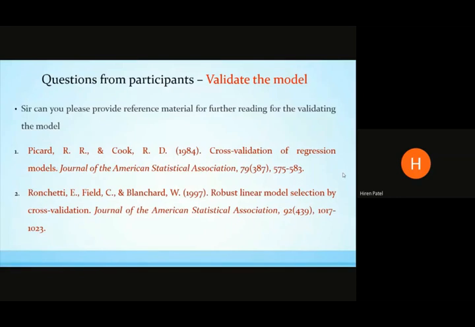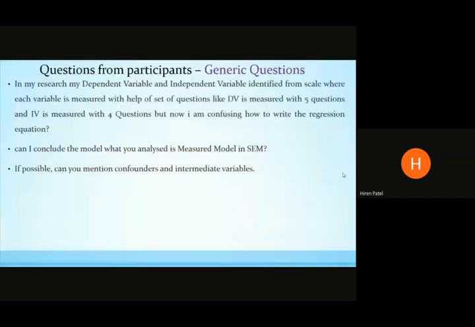Right. Now moving forward, some of the generic questions from participants.